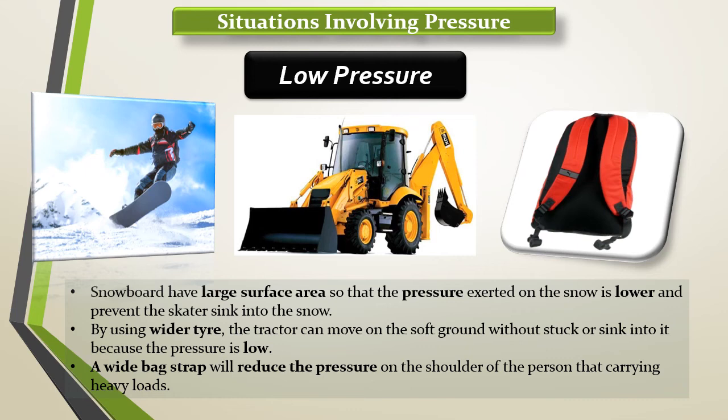Okay, sama juga dengan bag. Bag kalau kita pergi sekolah tu, okay, dia akan ada dia punya size dia ataupun lebar dia banyak. Sebab apa? Bila kita bawa buku yang banyak, so load akan jadi besar, force dia akan jadi besar. So kita perlukan surface area yang bigger to reduce the pressure. So tak adalah kita sakit sangat bahu kita bila kita bawa bag ataupun buku yang berat-berat.